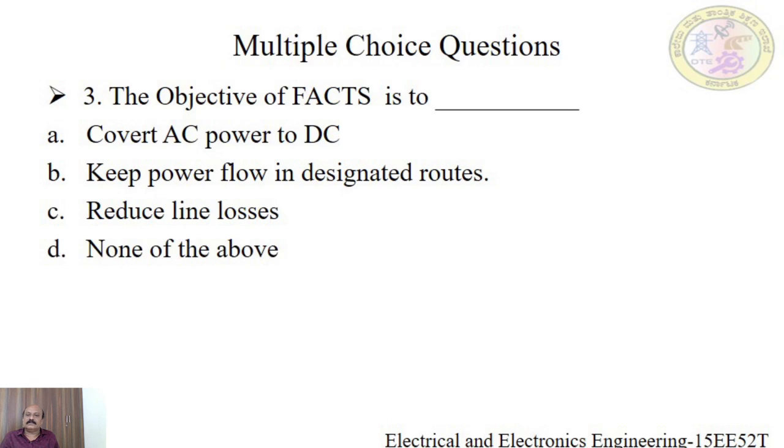The main objective of FACTS is to keep the power flow in designated routes, not for converting AC into DC or reducing the line losses.